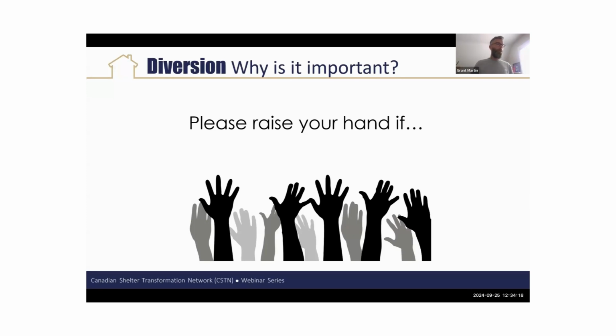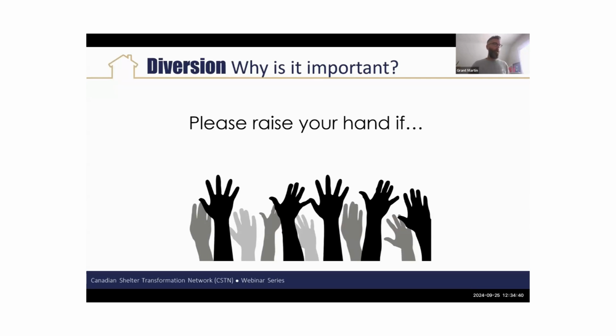But we also know that the longer experiences of being unsheltered or emergency sheltered and the more frequent contacts people have with our shelters are directly linked to poor housing and health outcomes. So if we can prevent them from even having to enter once, we can think about how that directly relates to improved health and housing outcomes for them down the road.